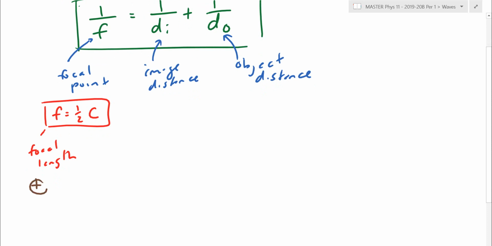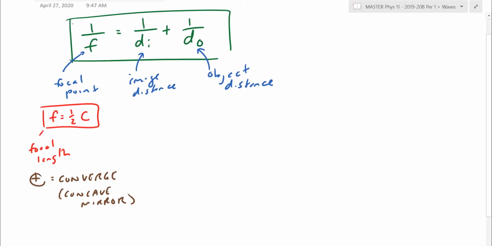For the focal length, this is super important. We're going to use a convention here for positive focal length. Positive always refers to the converging type. And if you remember, for a mirror, the converging type was actually a concave mirror. So any time your focal length comes out positive, you know right away this is the type of mirror we're looking at, concave. It's the type that converges. If the focal length comes out negative, it just means the focus is on the other side.